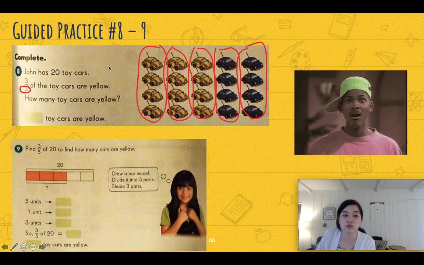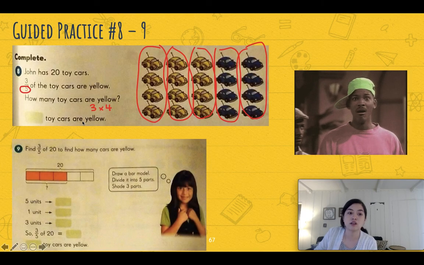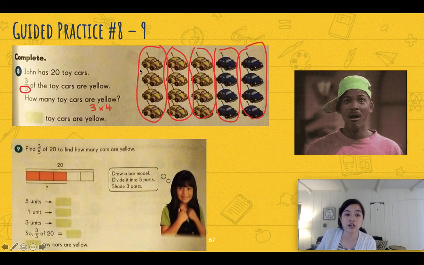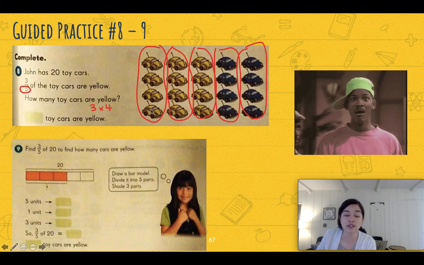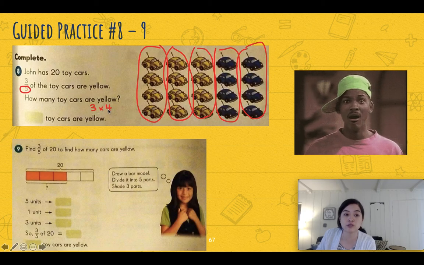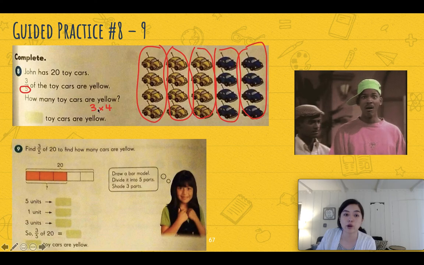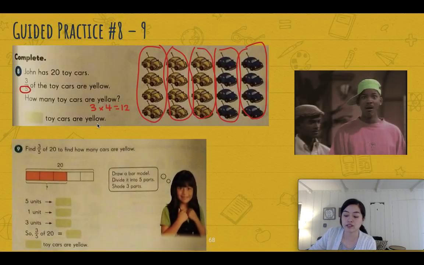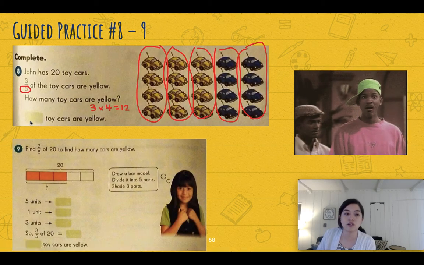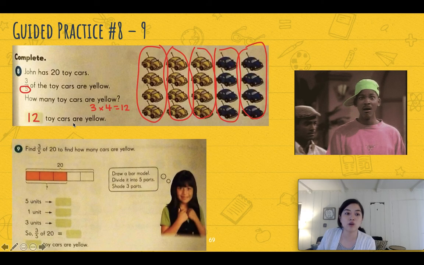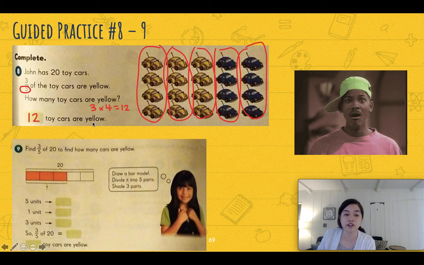There's 4 cars in each group. So to find the total number of yellow cars, I'm going to do the groups times how many are in each group. 3 groups of 4 for the yellow. So 3 times 4 is 12. So there are 12 toy cars that are yellow.